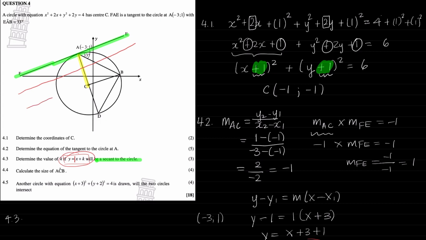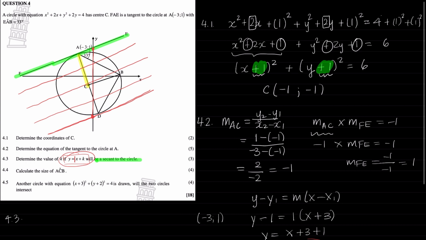If it's shifted here, it'll also be a secant. If it's shifted there, it'll be a secant. And lastly, if it's shifted here, that's the last point. It won't be a secant at this point. Here, it'll be a tangent. So it'll be a secant anywhere between this point and this point right here.